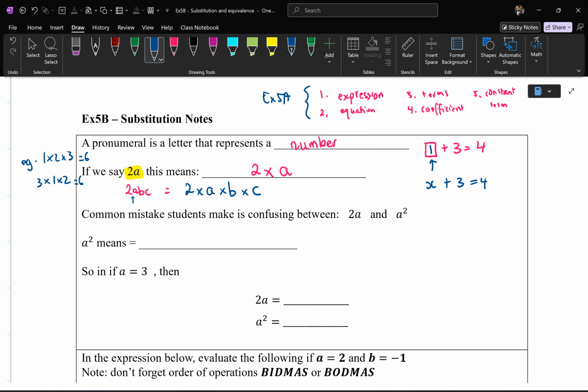It doesn't have to be in alphabetical order. Your textbooks will sometimes write them like 2BAC. But it means the same thing. It just means 2 times B times A times C. And all of it should equal each other. Okay, so that's just the notes. So substitution, part of this exercise, you need to be able to read that 2A means 2 times A. If I gave you 2ABC, it actually means 2 times A times B times C.